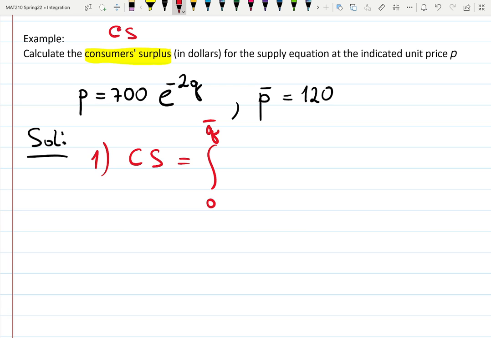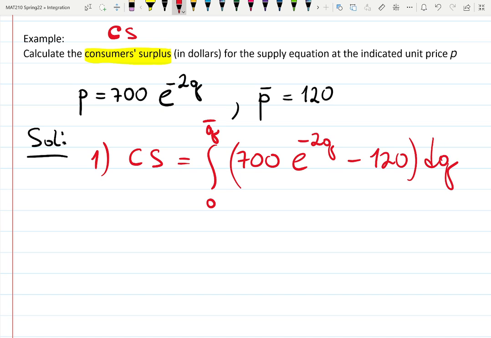Remember, consumer is the cool one, so it starts with the function first, minus 2q, and then minus the number you were given, p, dq.